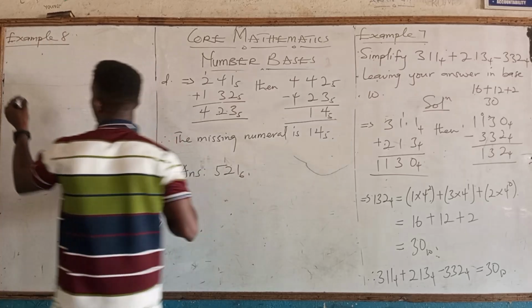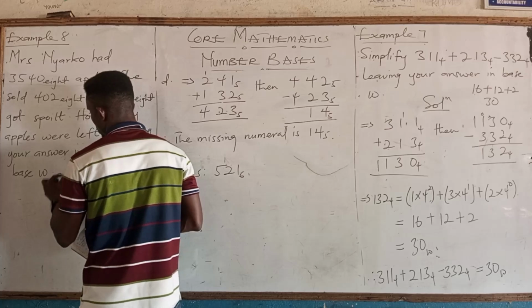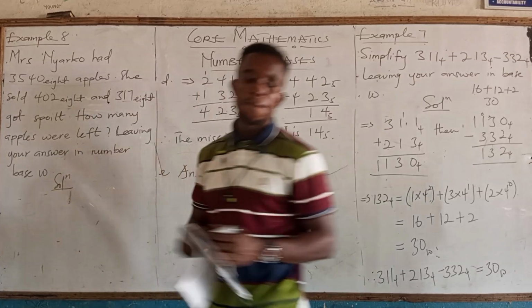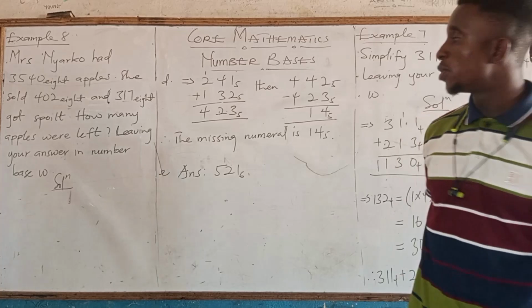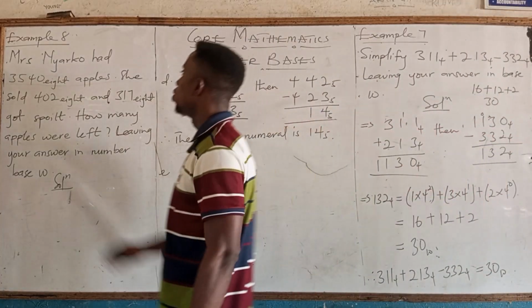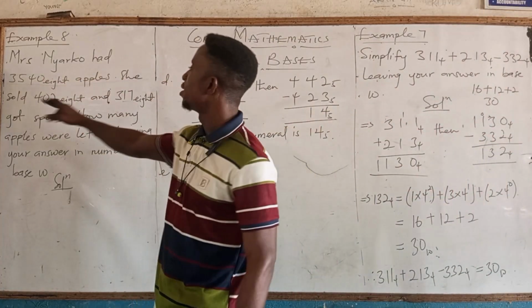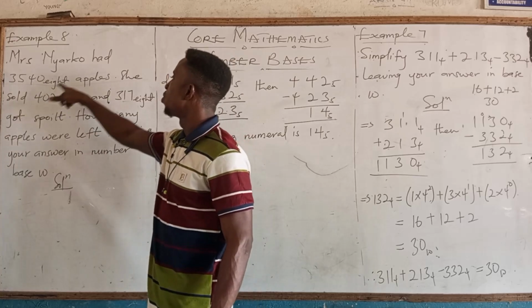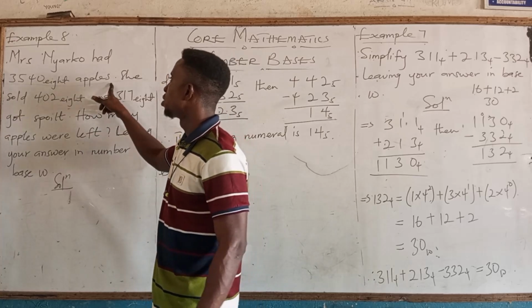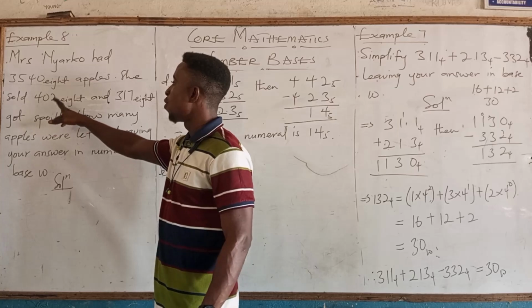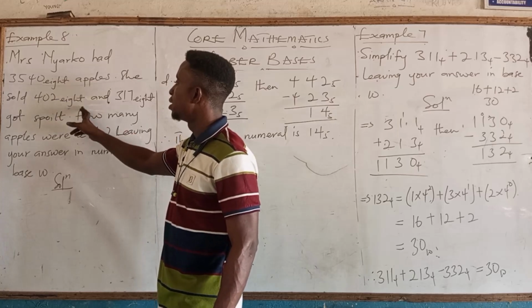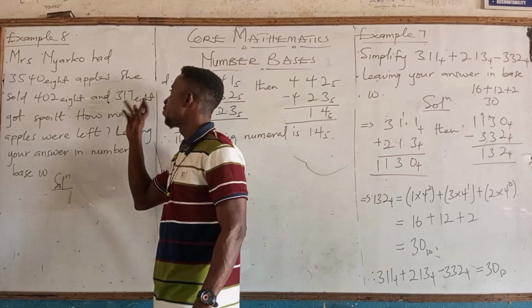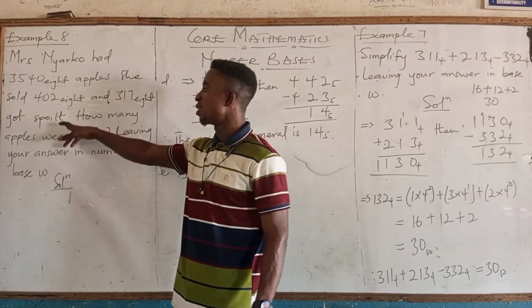So that one says, so this one I'm only going to put the answer. Mrs. Nyako has 3540 base 8 apples. She sold 402 base 8 and 317 base 8 got spoiled.